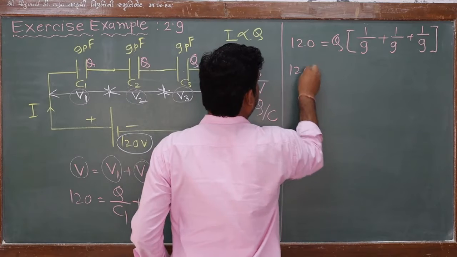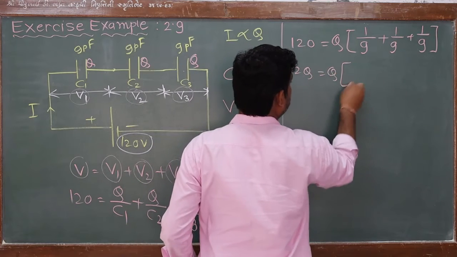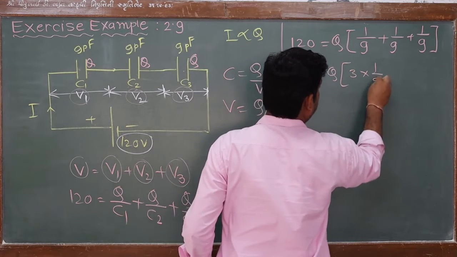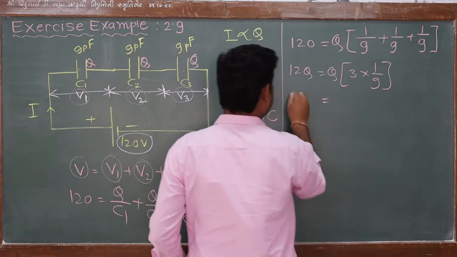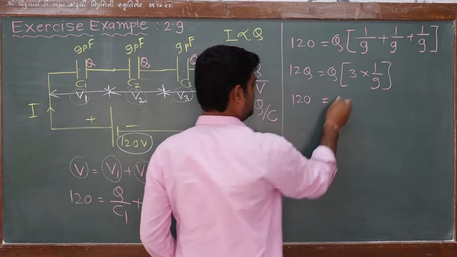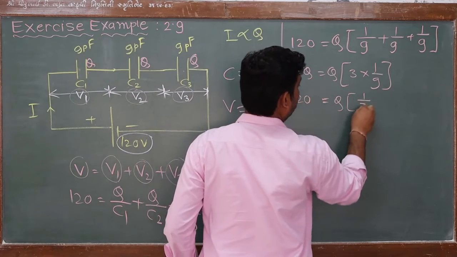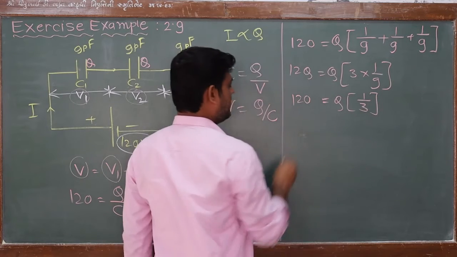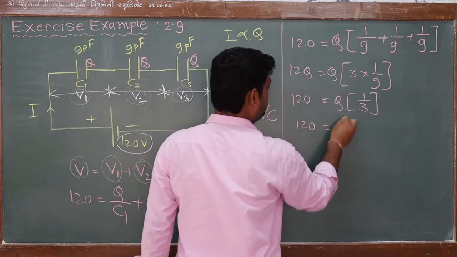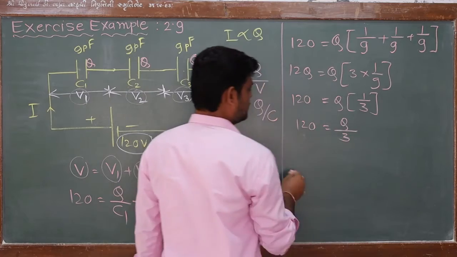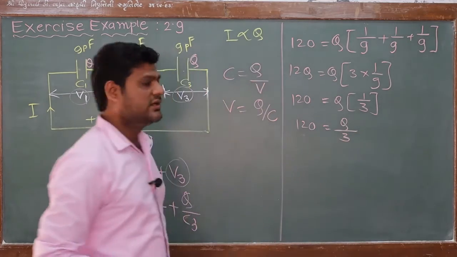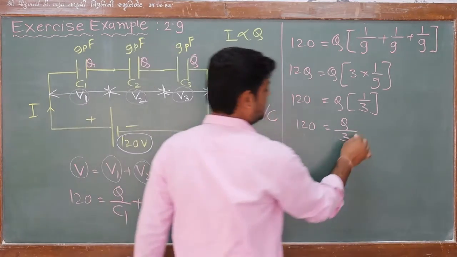So 120 equal to Q times 3 times 1 by 9, that is Q times 1 by 3. So 120 equal to Q by 3, where 3 is 3 picofarad.